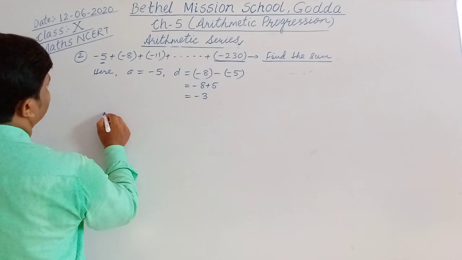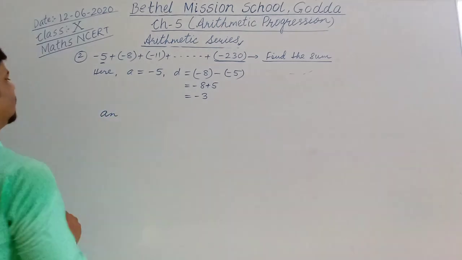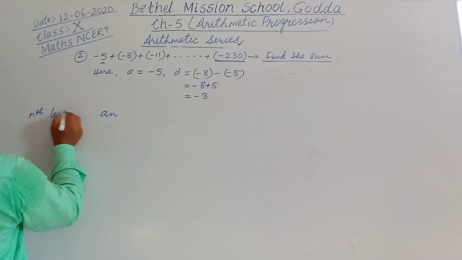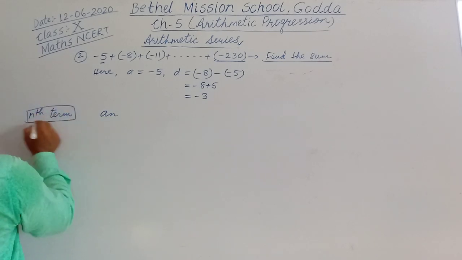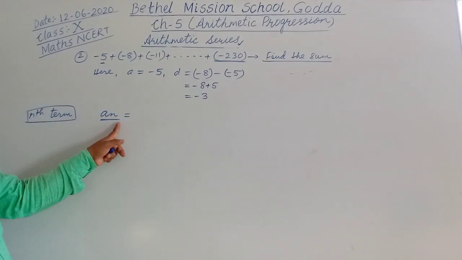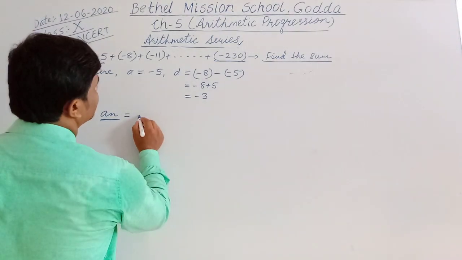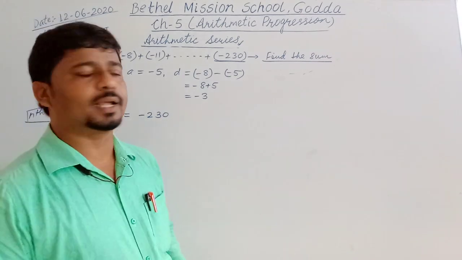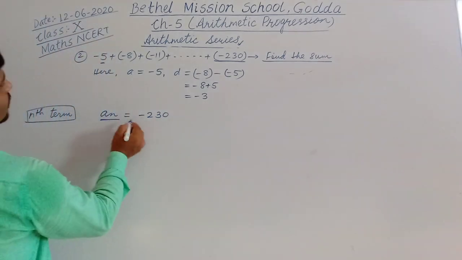After that, the nth term is given. The nth term we write as an, and an is -230.